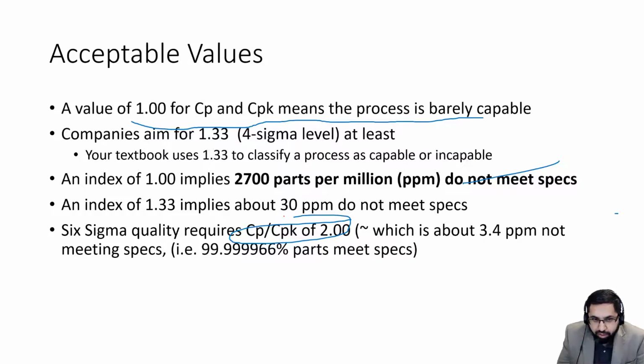So 1 is not that good, because it implies quite a chunk of errors can happen per million opportunities. So CP/CPK of 2 is really good. 1.33 is okay. Technically, 1 is also okay. Anything below 1 is not okay. You want to be 1.33 or above.